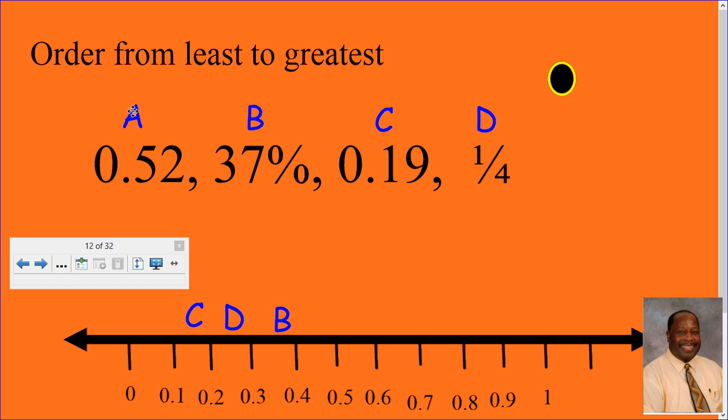And the last one, 52 cents, is our order. So I hope you got that order. If not, go back and check. Make sure you change all of those decimals and percents and fractions. Change everything to a decimal and make sure of your place values. And then compare.